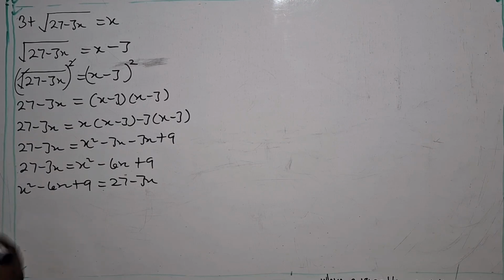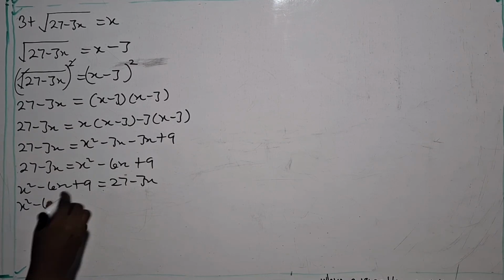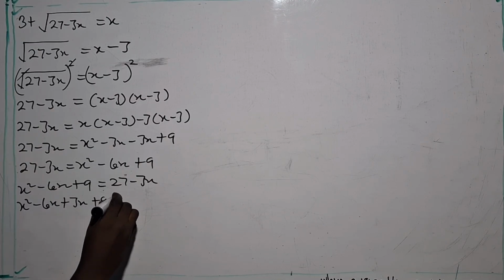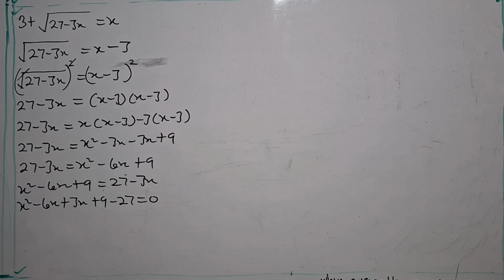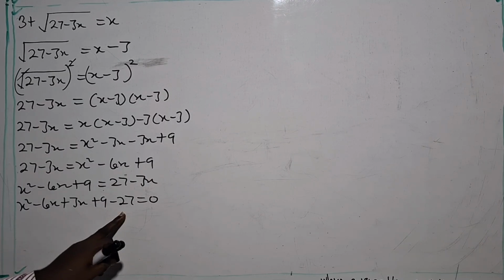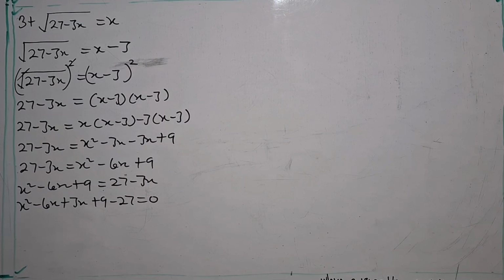So I'll group like terms. x squared minus 6x plus 3x plus 9 minus 27 will give me 0. The 6x here, this one coming here with positive, then the 9, this one coming will be positive. So follow closely as we solve.